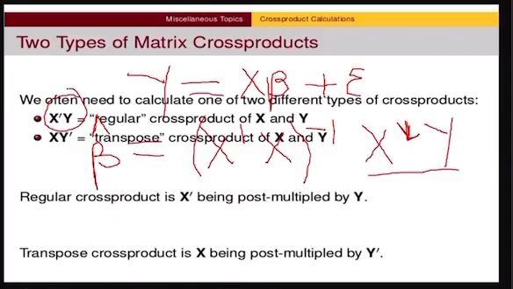Without a cross product, you may not be able to understand the covariance structure of your matrix, and you may not be able to perform what I call data reduction techniques.